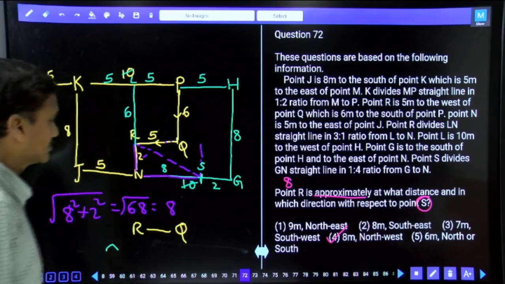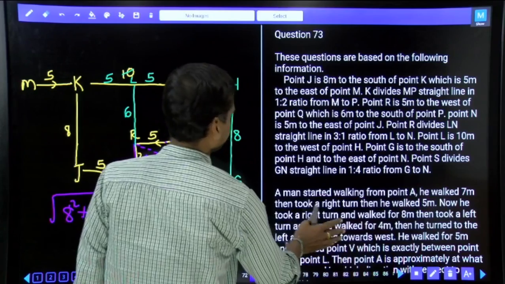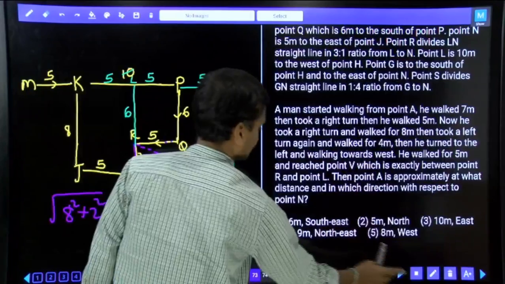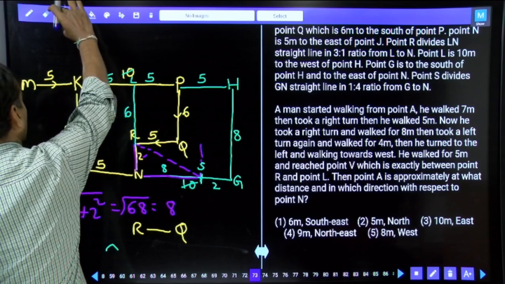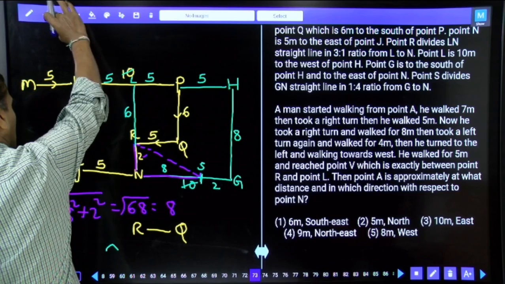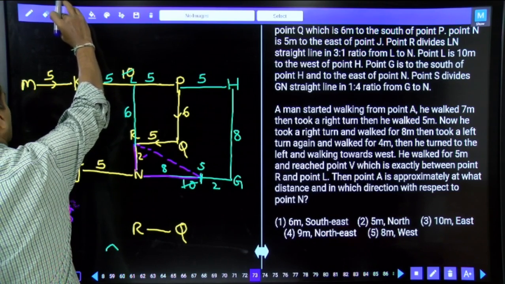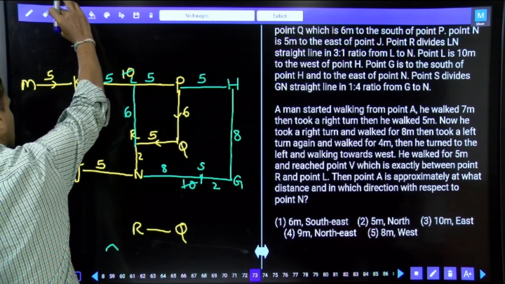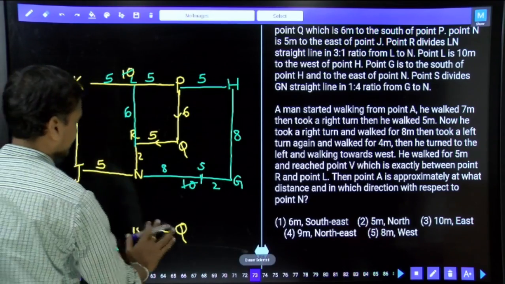Then next one, question number 73. Now in this 73, tell me what is the information we have?